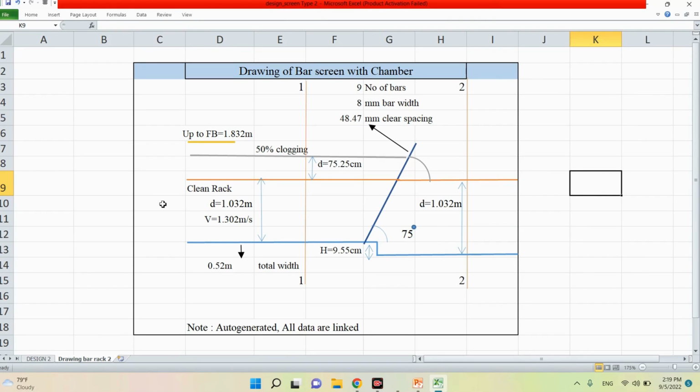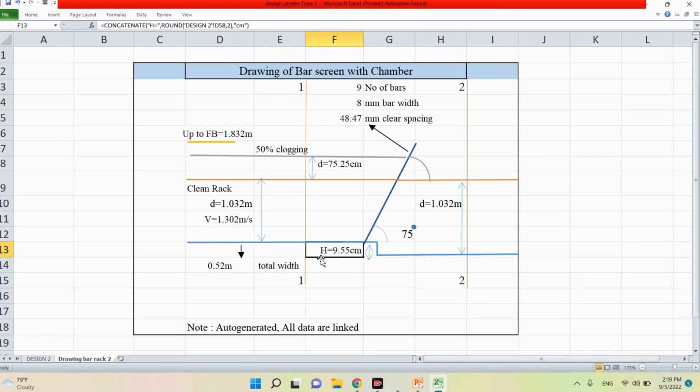The drawing of bar screen with chamber is auto-generated in the Excel file. Everything is auto-generated and everything is linked. The number of bars was 9, 8 mm width bar, 48.47 clear spacing. The depth of water in the clean rack was 1.032 meters. The velocity of approach is 1.302 meters per second. The total width of the channel is 0.52 meters.